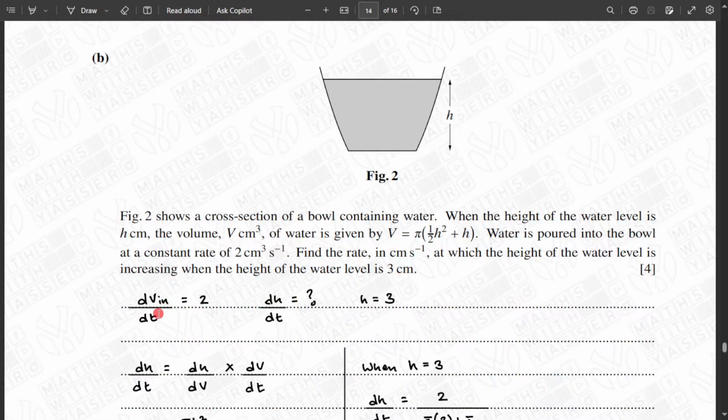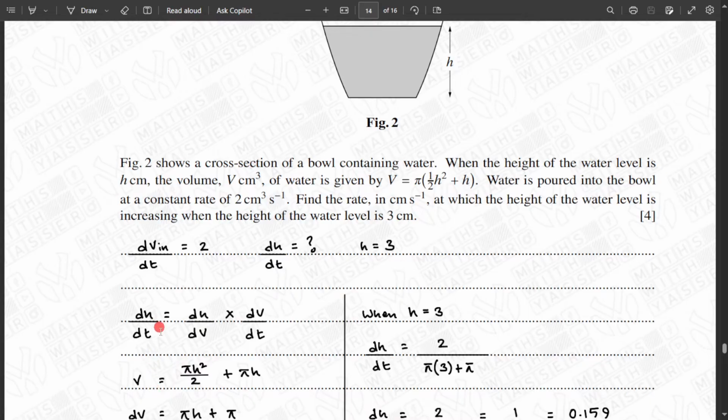So in order to solve this question, we are provided with the volume rate in, which is 2 centimeter cube per second. We need to find dh by dt, and we are provided with the height, which is 3. So dh by dt can be found with the help of the chain rule, which is dh by dV into dV by dt.